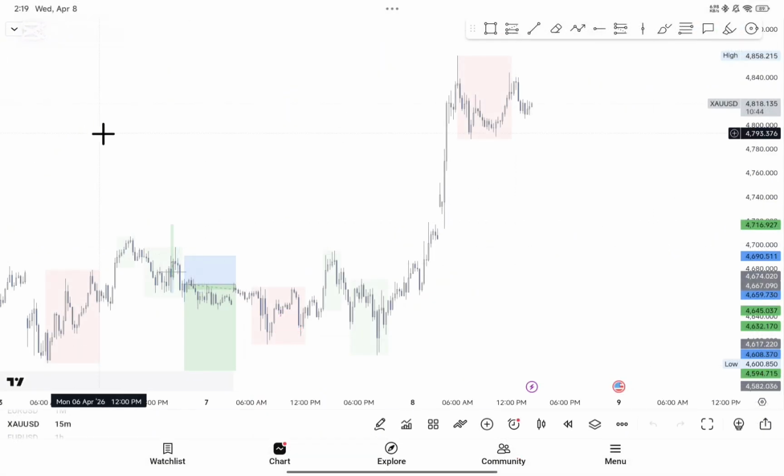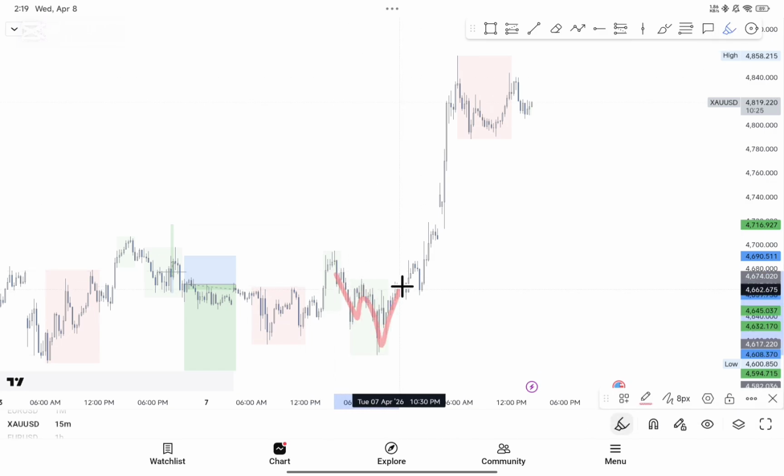Okay, so today is 8th of April, and I don't quite remember what my plan was for yesterday. Then I checked the pre-market game plan and saw that my plan was something like this.